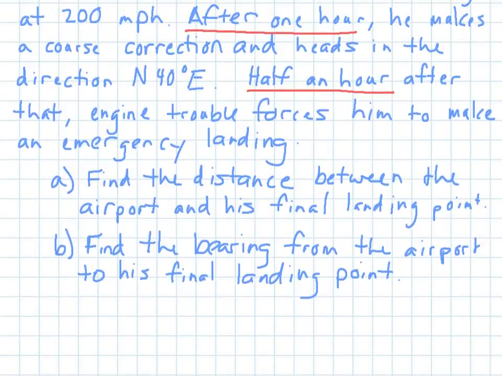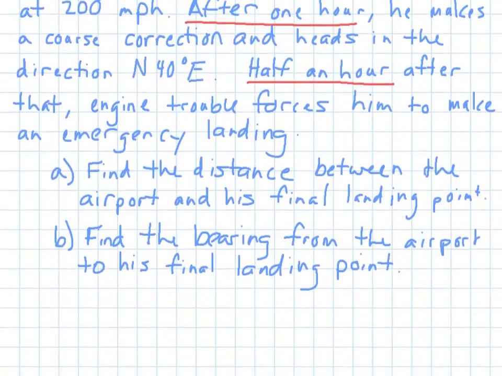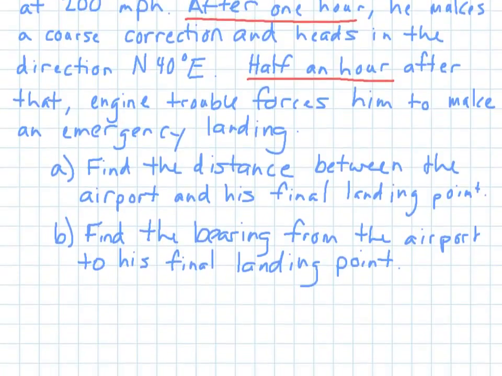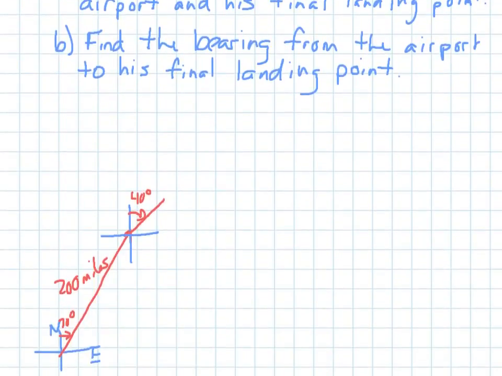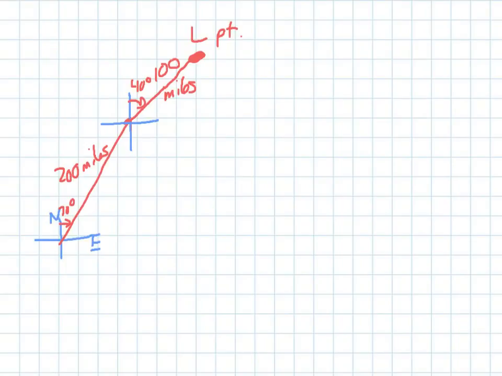Okay? And then the engine trouble forces him to land. So half an hour at 200 miles per hour would be 100 miles. Okay, so they try to give you some nice values here. So 100 miles. And that's his landing spot. So landing point. And this should be the airport.